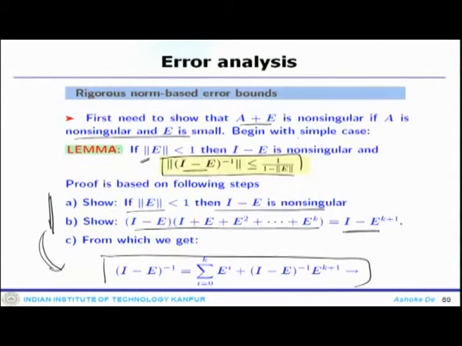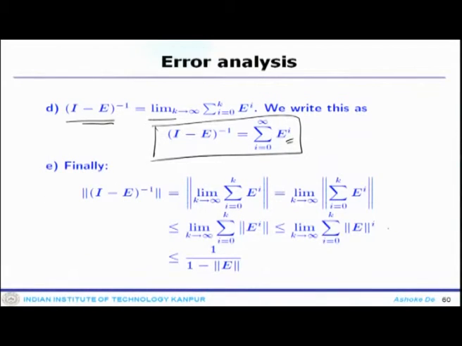So, the lemma says the norm of identity minus E inverse should be less than or equal to 1 by 1 minus the norm of E. First we showed that E is small, so its magnitude is less than 1, and I minus E is non-singular. That is the first part. Second part, we show the bound on I minus E inverse. Basically you have expanded this term and you get I minus E to the power k plus 1, and when you take the limit, this becomes the sum of E to the power i.